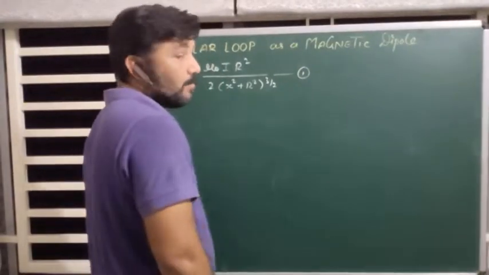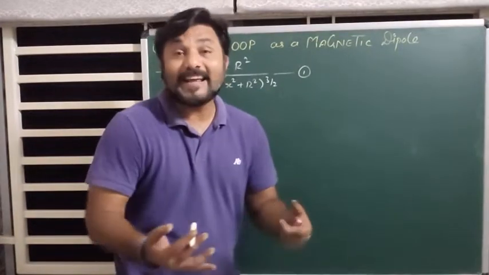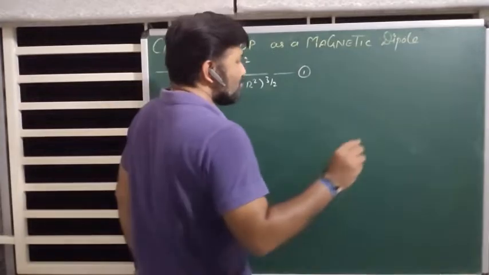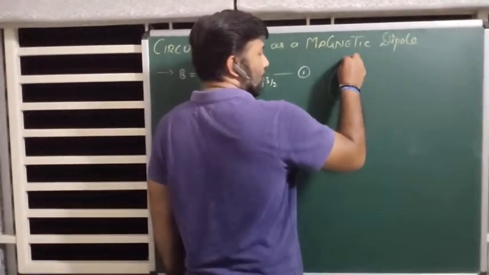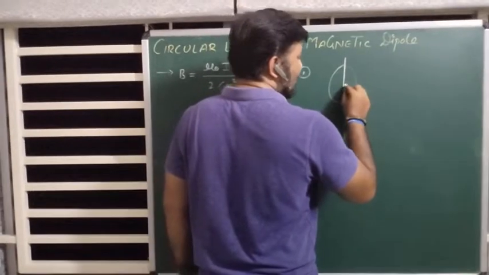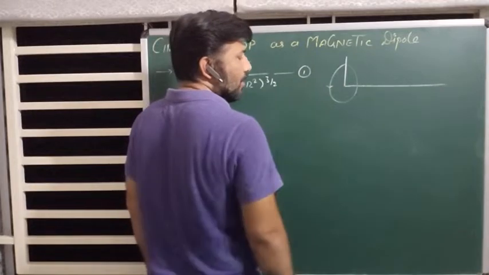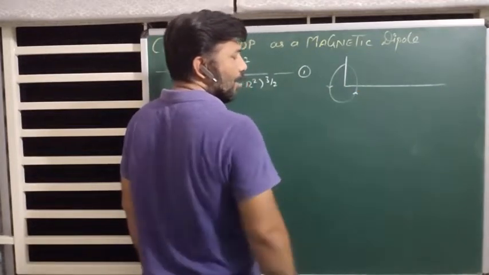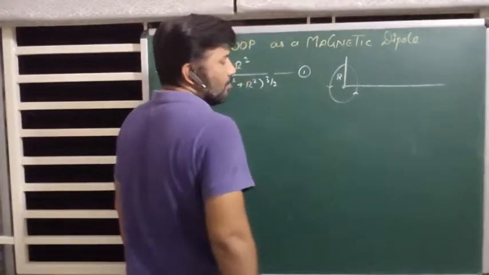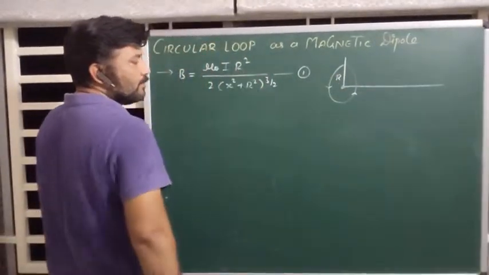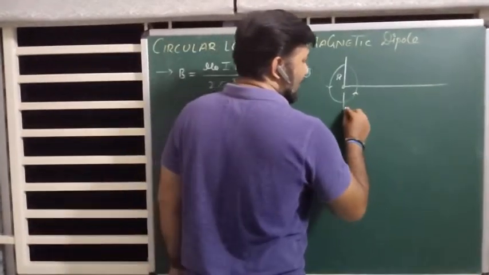Oh sir, which is the theory? We are not getting an idea. Okay, so let us see. You might have seen this type of figure. This is a circular loop carrying electric current, and this circular loop has radius R. What is x? x is the distance from the center.